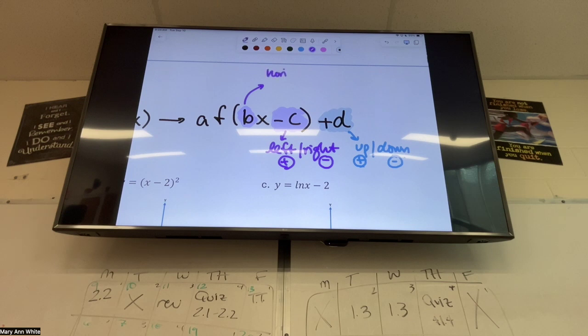So it's a horizontal stretch or shrink. And then that A out front, it's the same idea. It's still a stretch or a shrink, but this time it's a vertical stretch or shrink. So it's stretching and shrinking it long ways instead.